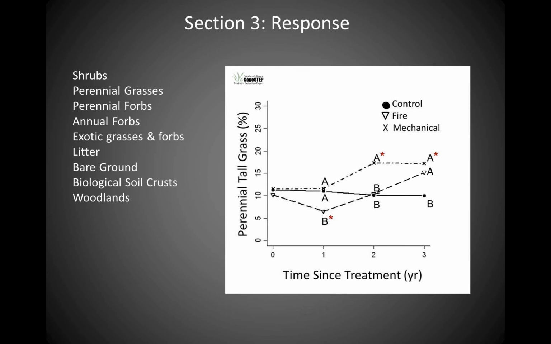Some of the components that were quite interesting in doing this review is how consistent certain patterns were. For example, looking at this graph, this is based on some of the SageSTEP data, but it really reflects what we found in 90% of the papers that we reviewed in the Great Basin region that focused on the perennial grass component. 90% of the papers showed that in the first year after burning, there was a decrease in perennial grass cover.